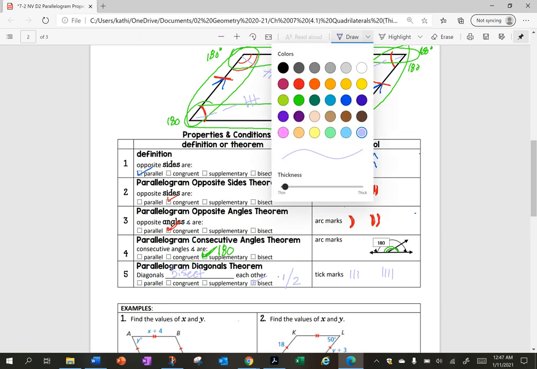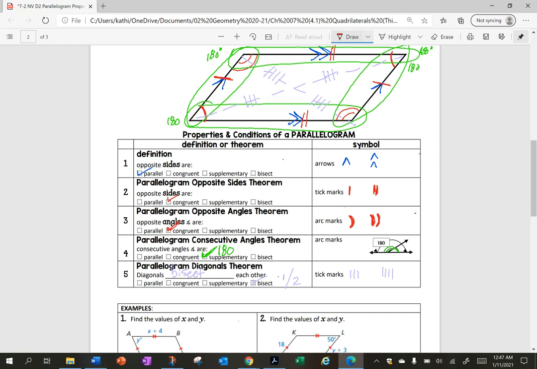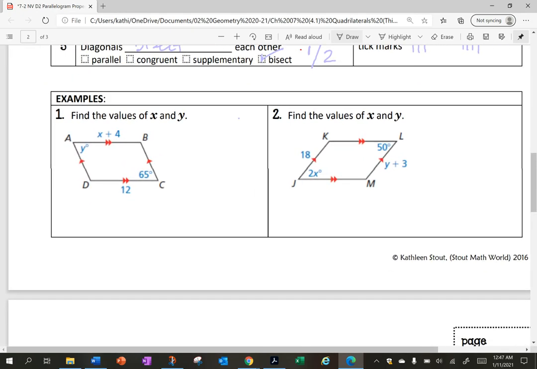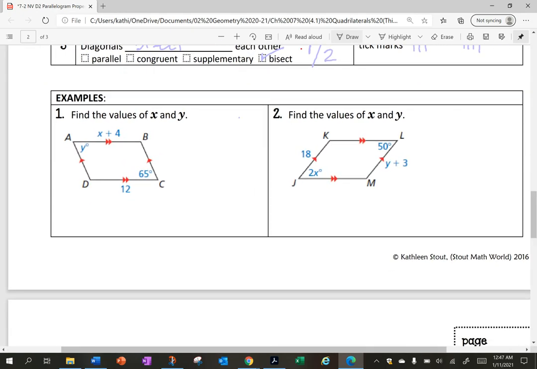Okay, so let's apply these properties. Find the values of x and y. I know I have a parallelogram because my opposite sides are parallel. That's the definition of a parallelogram. Because my opposite sides are congruent, I can set up an equation for x: x plus 4 equals 12.